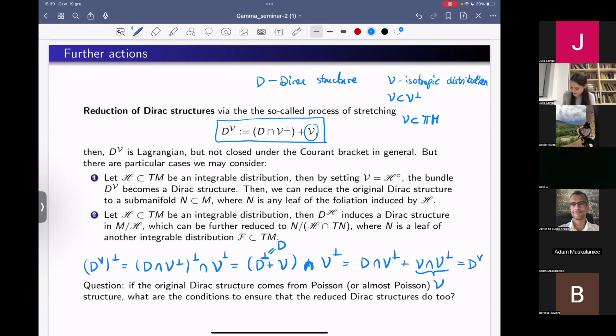So we get the original bundle. So we can say it's Lagrangian. However, the sections of this bundle would not be in general closed under the Courant bracket.